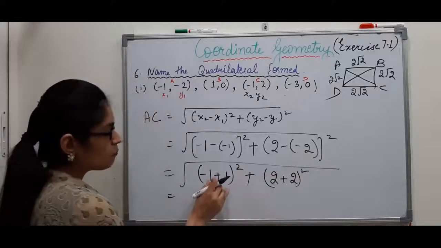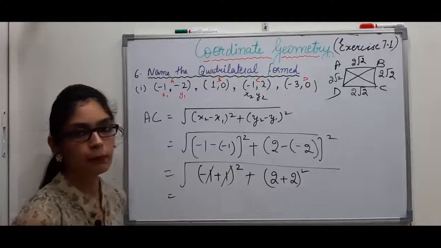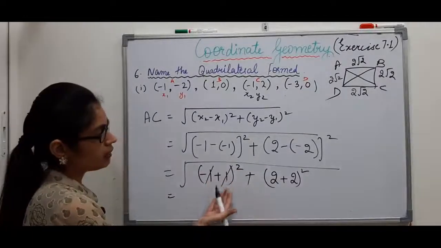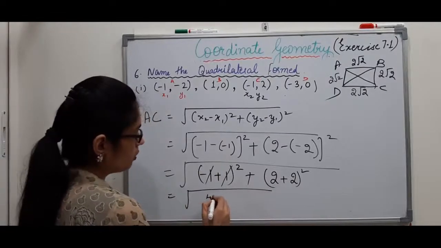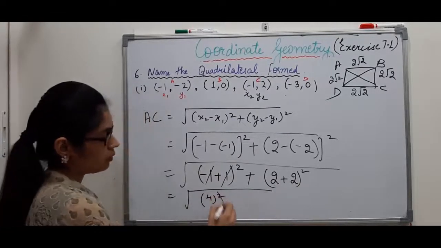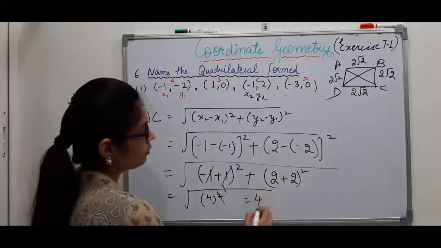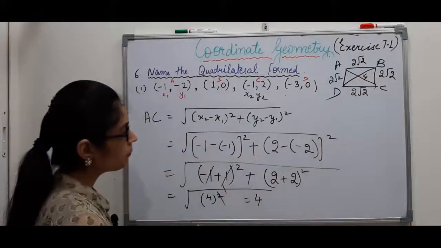So I will get minus 1 plus 1, which will be 0, because the same numbers with opposite signs will get cancelled. 2 plus 2 is 4, so 4 square. This square and this root will get cancelled, so the diagonal is 4. So AC is 4. Now let's check BD.